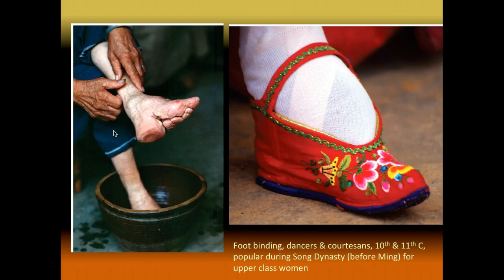So this woman, she's an older woman, and she's washing her feet in a wooden vat, and you can see that her foot is barely recognizable. The toes are here, and they're pushed underneath and inward. Her foot was broken in order to make the foot into this type of size and position, and the rest of the foot is pushed upward.